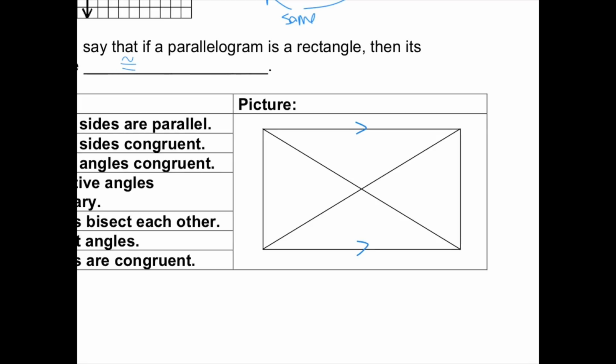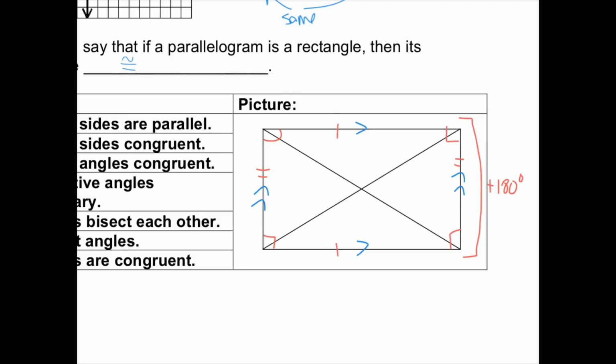We had that yesterday. Opposite sides are congruent. You already knew that about rectangles, I'm sure. Opposite angles are congruent. And since they're all 90 degrees, I'm just going to do that. Says consecutive angles are supplementary, just like yesterday, so they add together to get 180 degrees.